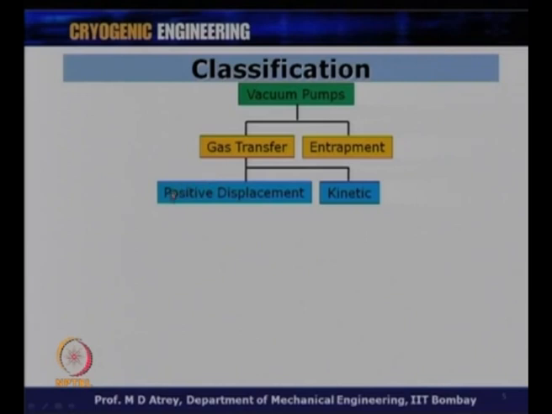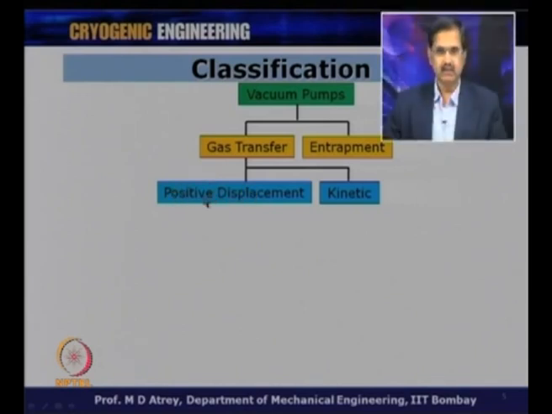This gas transfer will happen because of the movement of some rotor element. There will be something which is moving. It will displace this gas from this system to be evacuated and give it direction and dump it to the atmosphere, or try to dump it to the next pump, which ultimately will leave it to the atmosphere. So, a positive displacement pump will basically take this gas from the system.